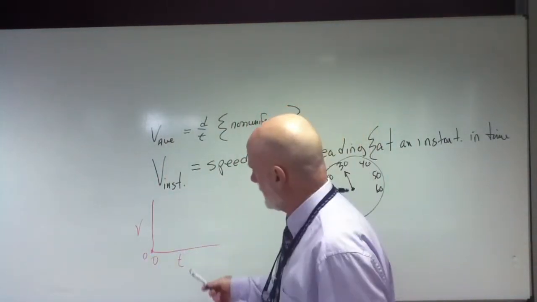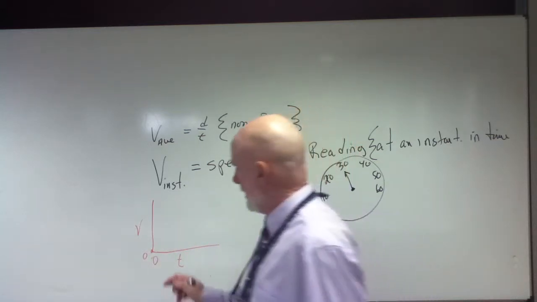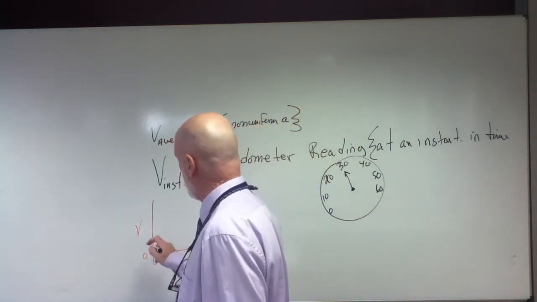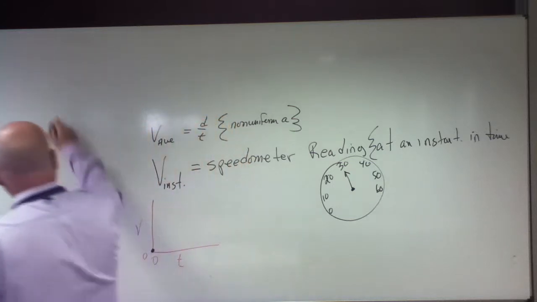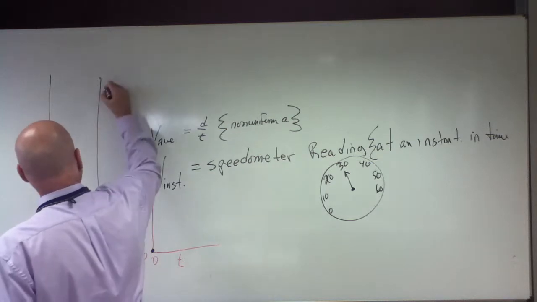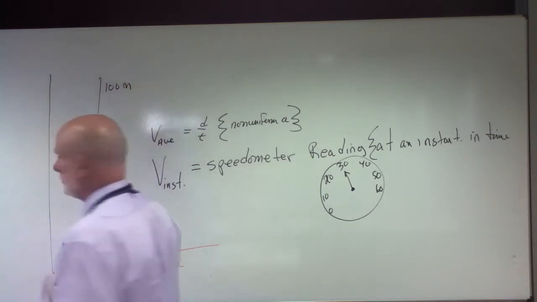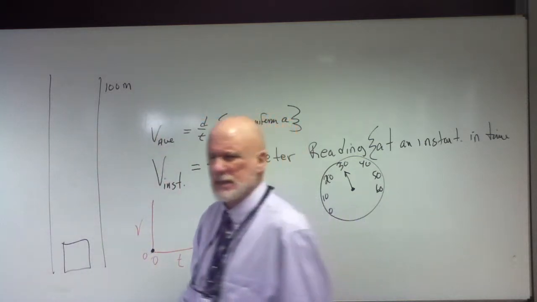So you have velocity. Now, I'm stopped. I'm on a track. Here's my track. I'm here. I want to go here. Let's make it simple.